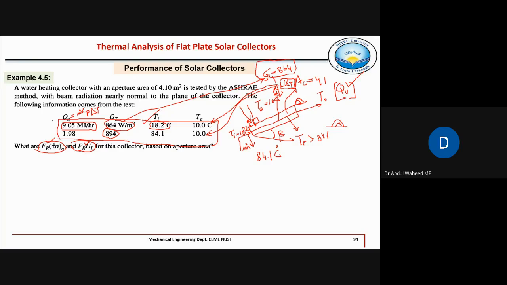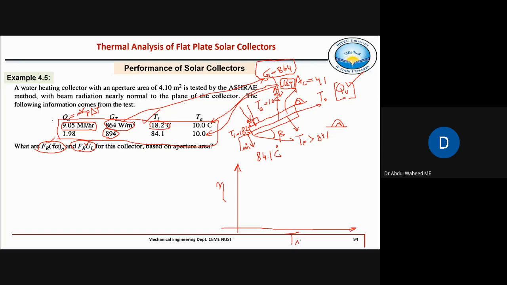Right. So from this data, we can plot it on the diagram which we have studied, which is normally used worldwide to represent the thermal performance of any solar collector: efficiency versus this heat loss term.